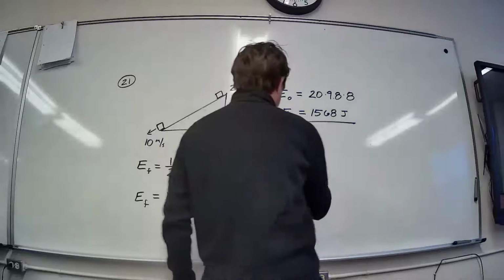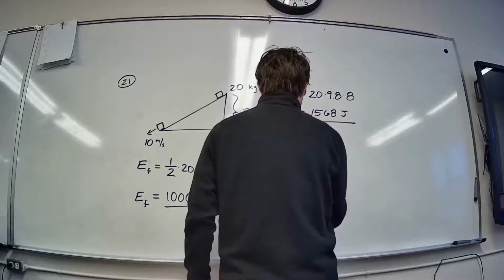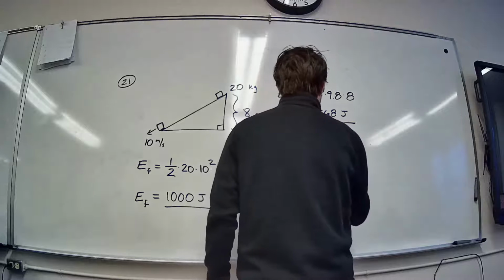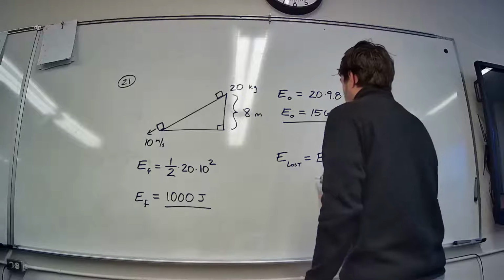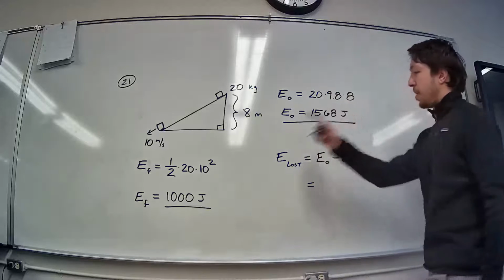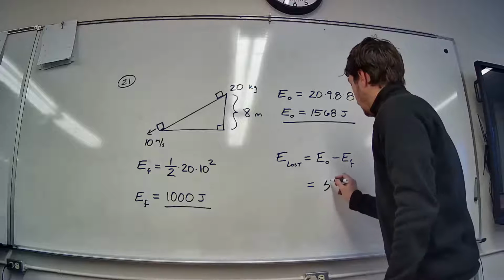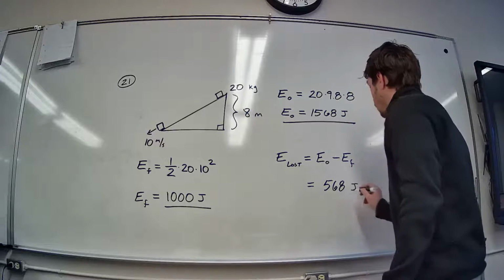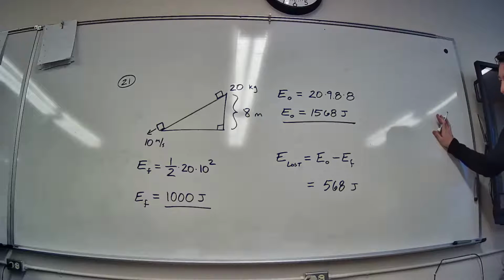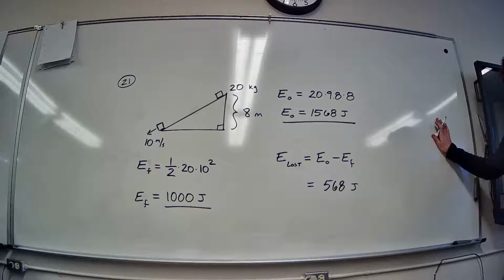Well, the energy lost would basically just be how much you started with, the initial, minus the final. So this minus this makes 568 joules. You feel okay about that? Okay.